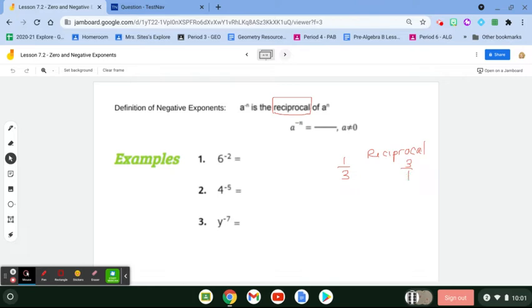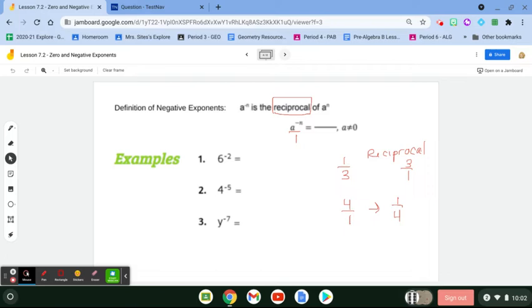If I said to you, what's the reciprocal of 4? You'd have to put a 1 underneath it, and the reciprocal of 4 would be 1/4. So if I asked you to give me the reciprocal of a to the -n, you'd have to make it into a fraction first by putting a 1 underneath it.